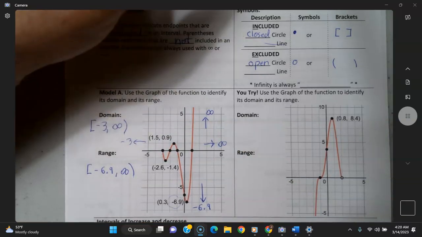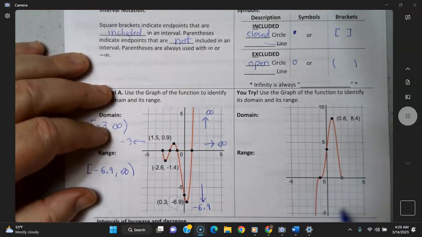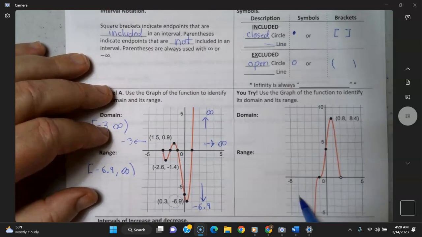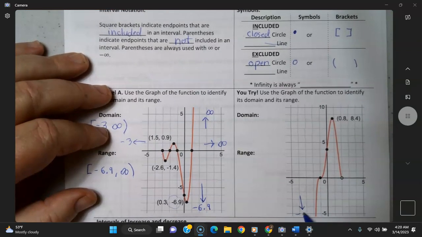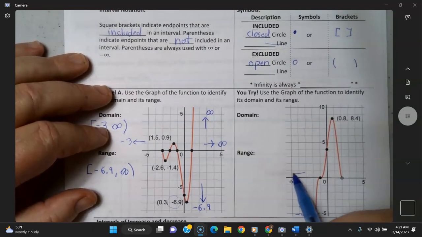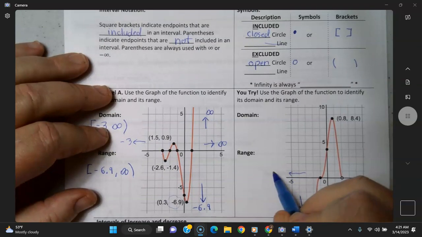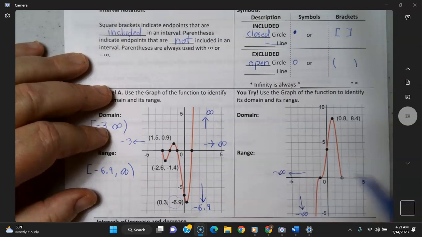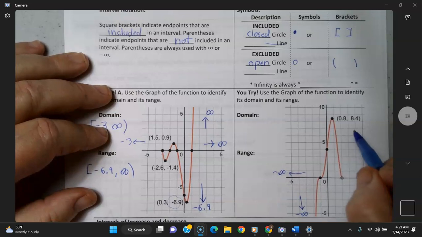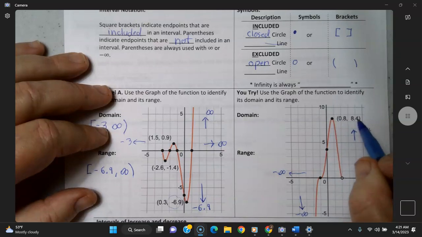Over here, for the domain, it goes this way to negative infinity. Okay, then going up, it goes as high as 8.4 on the y-axis, and going down, it goes as low as, we already said that, negative infinity.